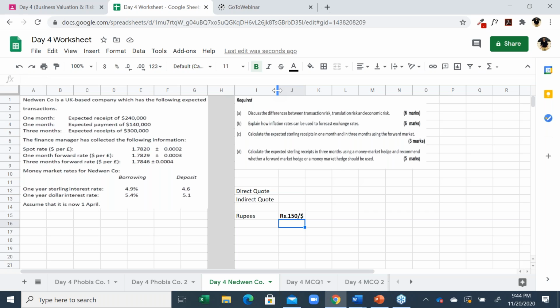So if exchange rate is quoted in local currency, it is called direct quote. And if it is quoted in foreign currency, then it is called indirect quote.